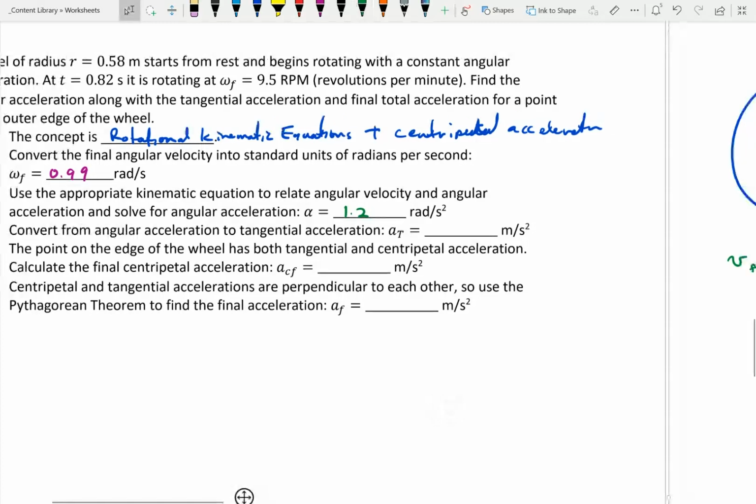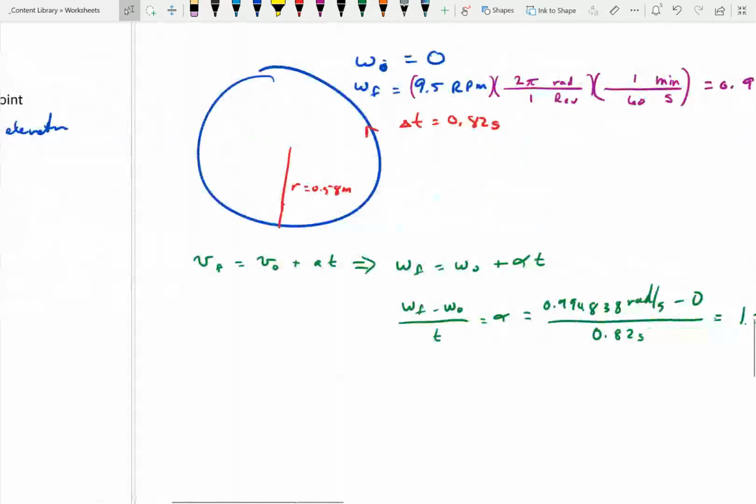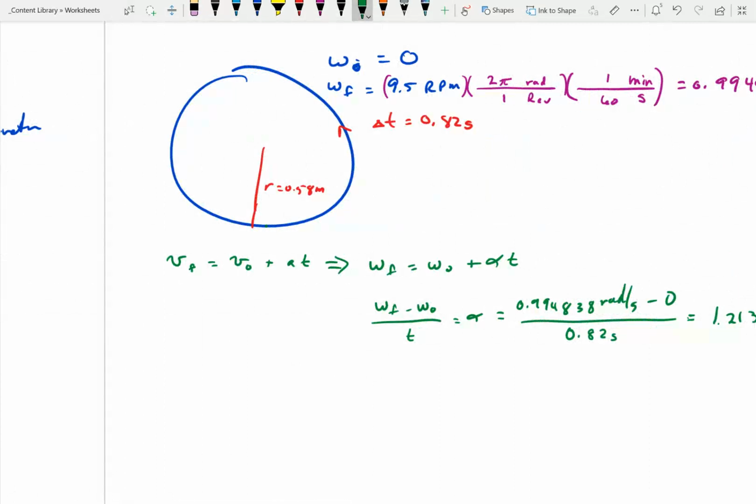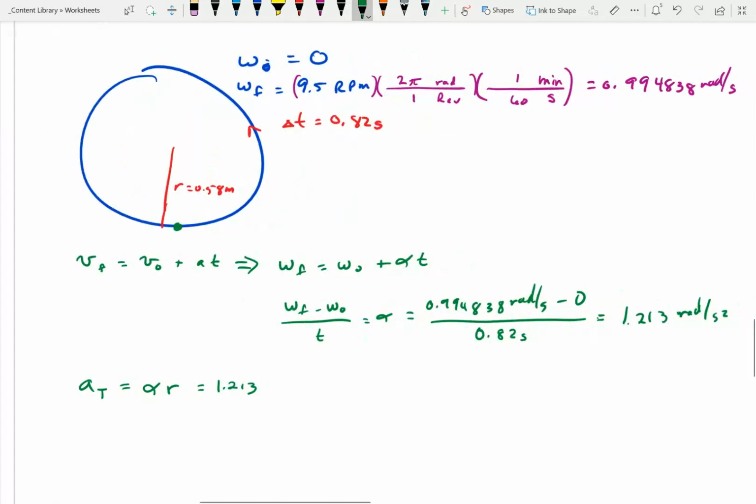Convert the angular acceleration to tangential acceleration. So now it's asking, what is the acceleration of a point on my wheel? And so acceleration tangential is equal to angular acceleration just multiplied by radius. So that's 1.213 radians per second squared multiplied by my radius of 0.58 meters.